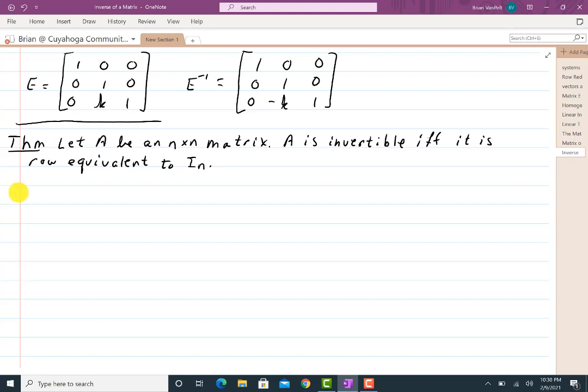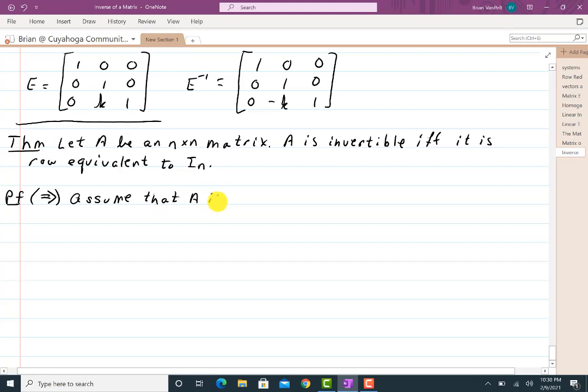Well, once again, it's an if and only if type proof, so there's two directions. The forward direction is the stuff that comes before the IFF. We're going to assume that A is invertible.